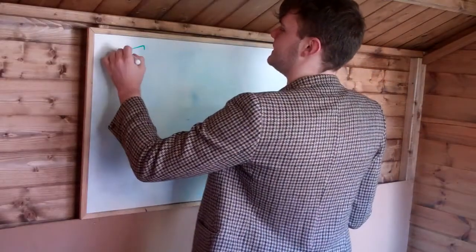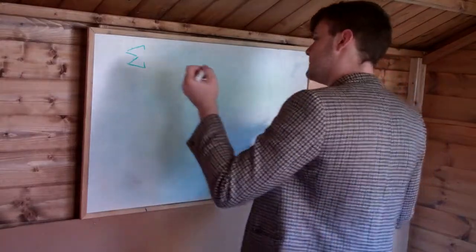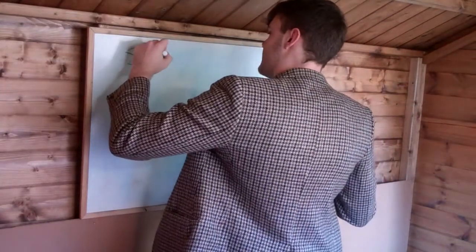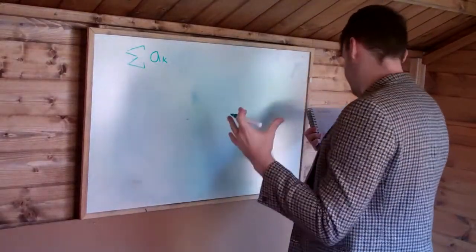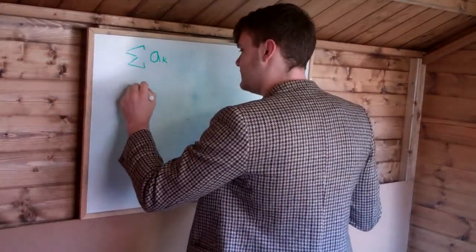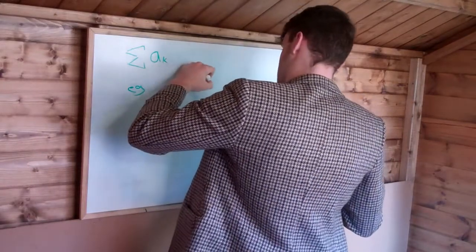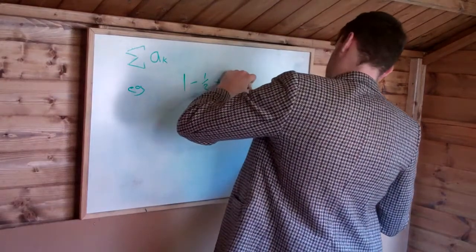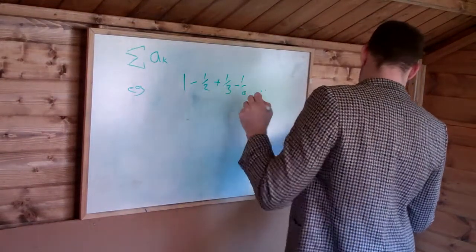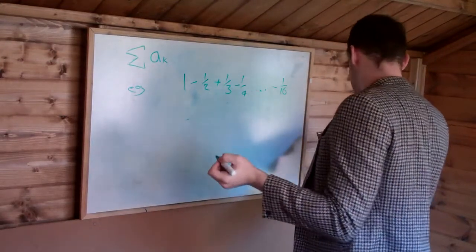Now, to use this summation notation, what we need is a general expression for the term ak. So I'll give you an example, e.g., that's short for example. If we're given this series, it just keeps going all the way up to the last term, which is minus 1/16.